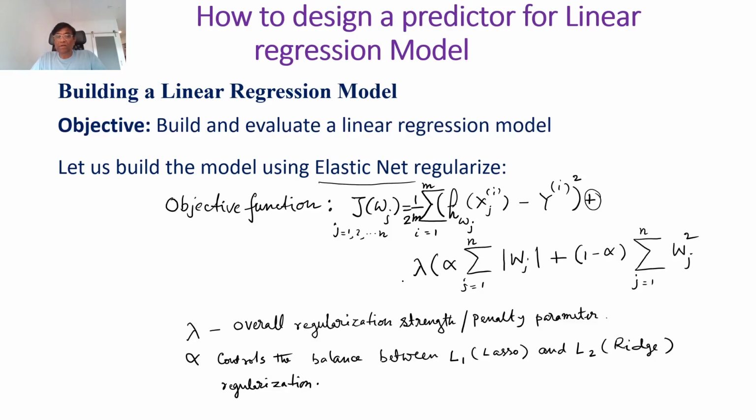Lambda is called the overall regularization strength, or sometimes we also call it the penalty parameter. Lambda times another parameter alpha, times the summation of j equals 1 to n of mod w_j. From my earlier video, you know this is nothing but the L1 regularizer, or lasso regularizer.